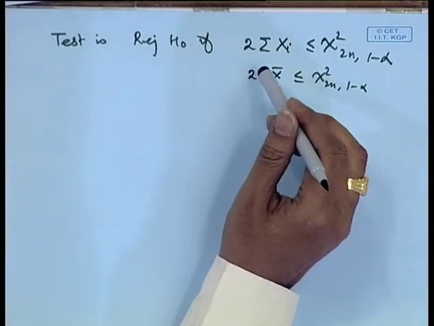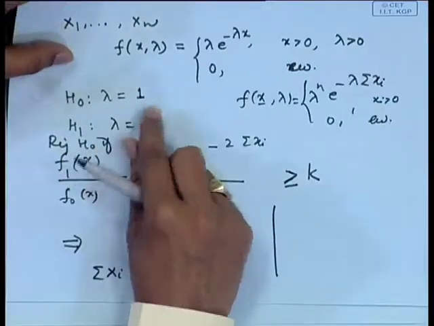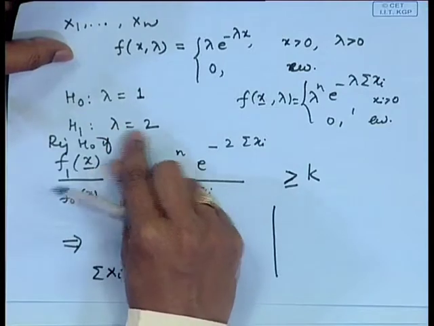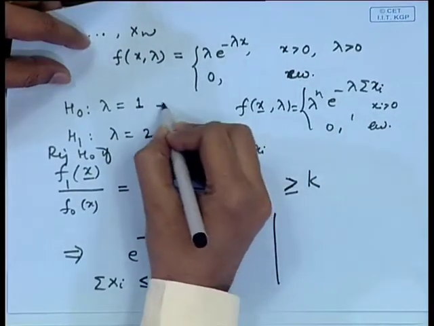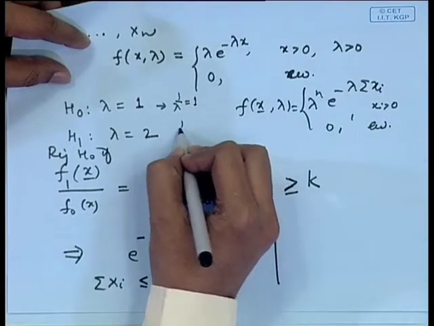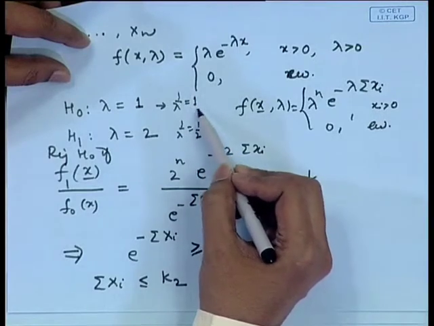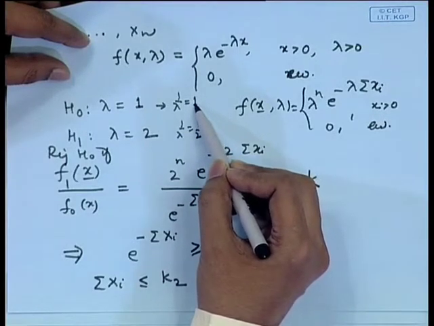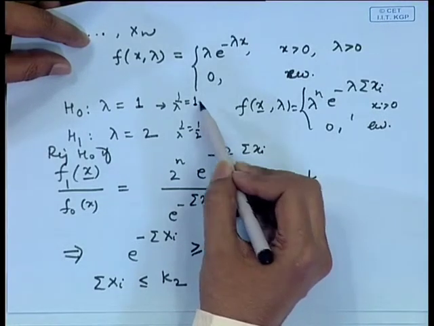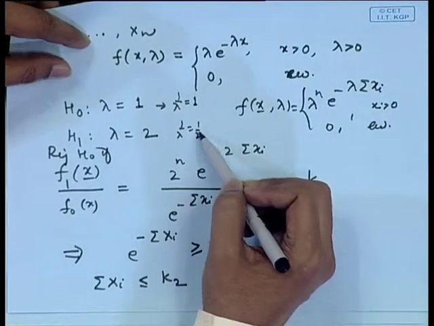Here the null hypothesis is lambda equal to 1, against the alternative hypothesis lambda equal to 2. So, if we are considering the mean, then 1 by lambda is 1 and 1 by lambda is equal to half here. That means, under the null hypothesis the mean is larger, and in the alternative hypothesis the mean is smaller.